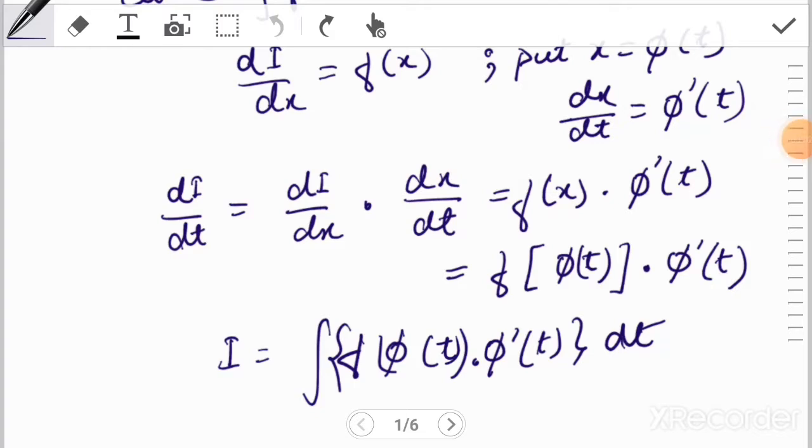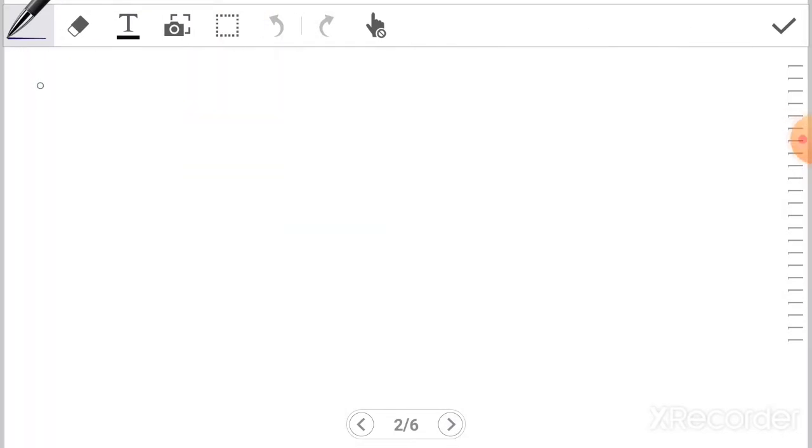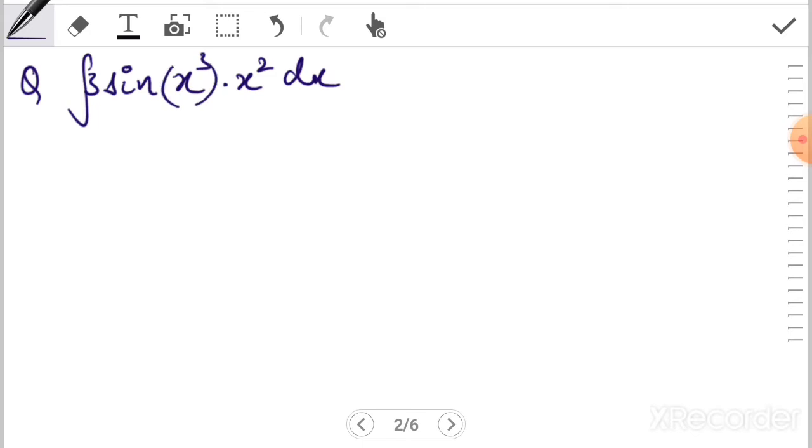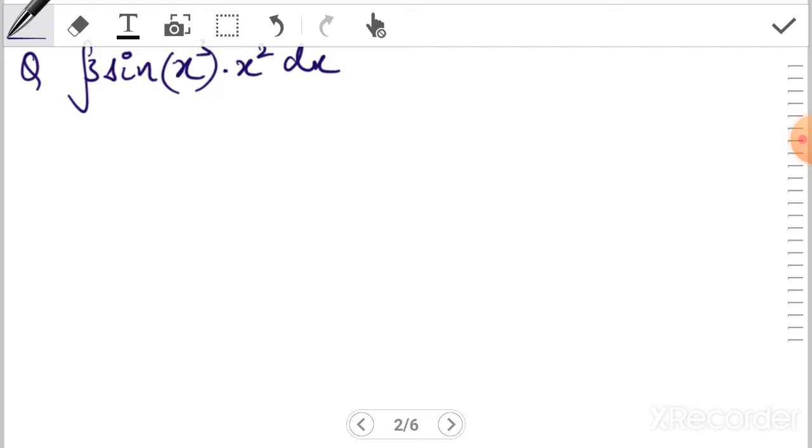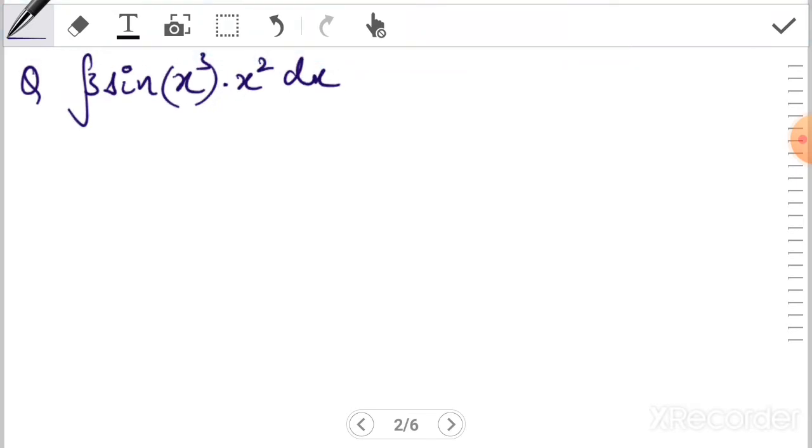Let us understand this with an example. Evaluate integral sin x cube times x square dx. Right? So in this equation, the independent variable can be transformed into another variable, say t.